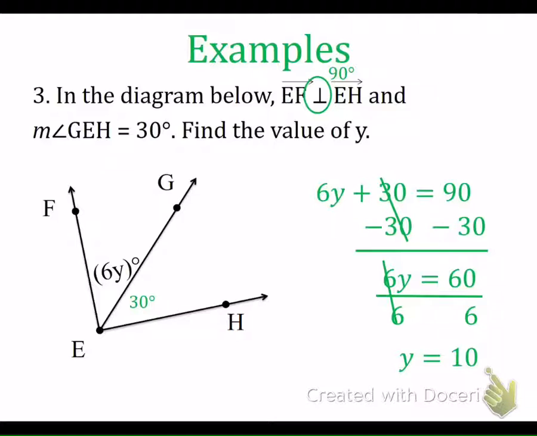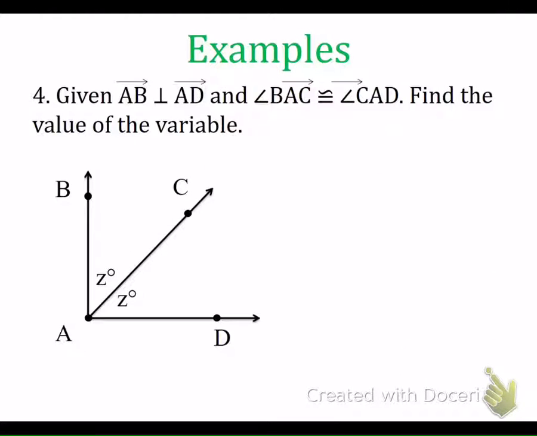Very good. So this time we're given that they're perpendicular, right? Ray AB is perpendicular to ray AD. And angle BAC is congruent to angle CAD. Find the value of the variable.